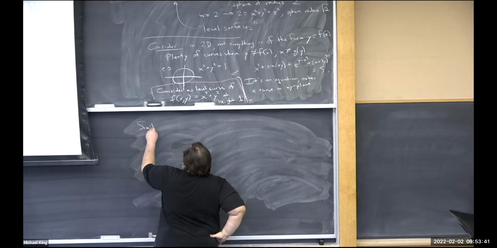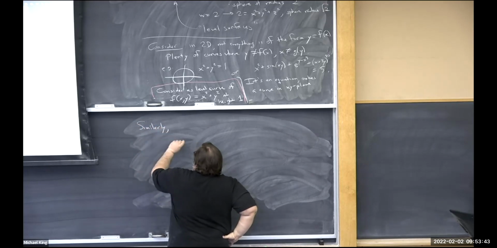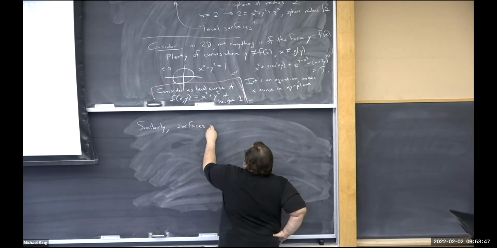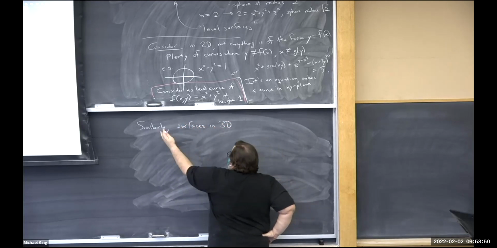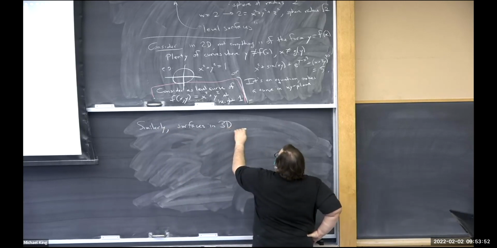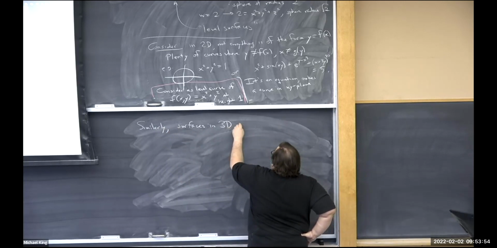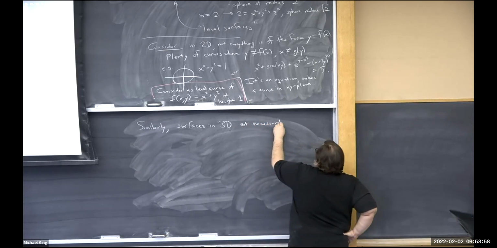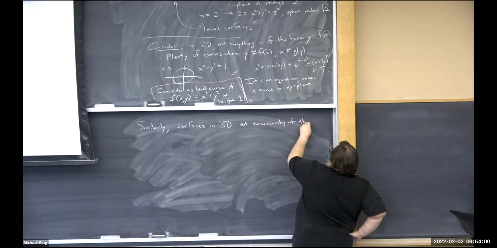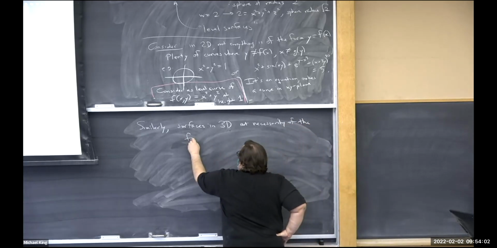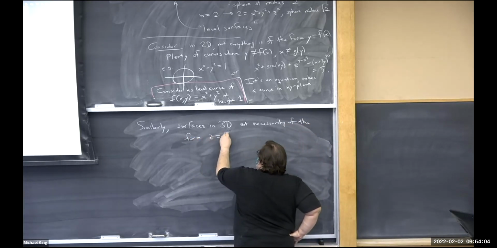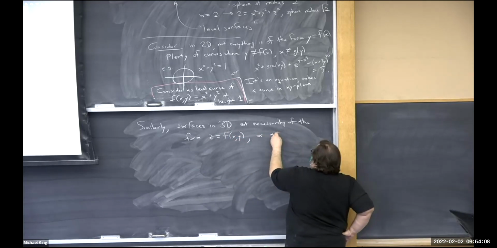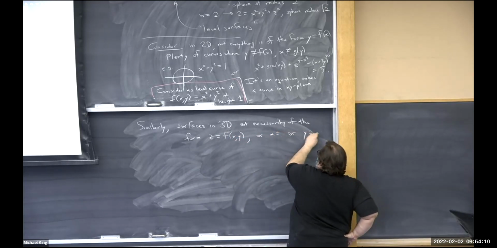Analogously, surfaces in 3D are not necessarily of the form z equals f of x comma y, or x equals or y equals something like that.